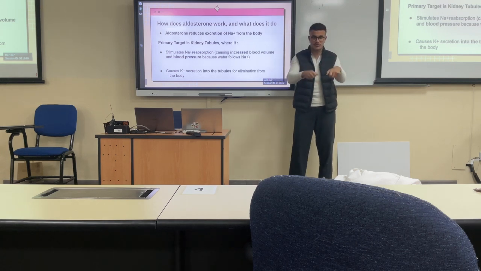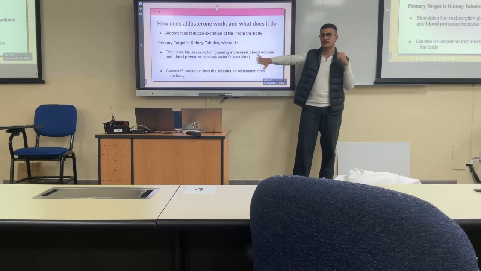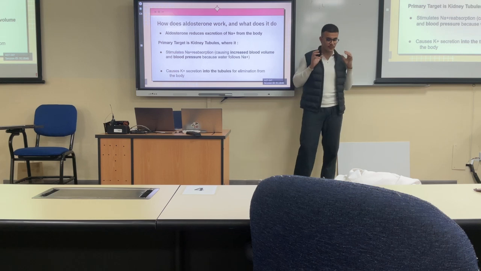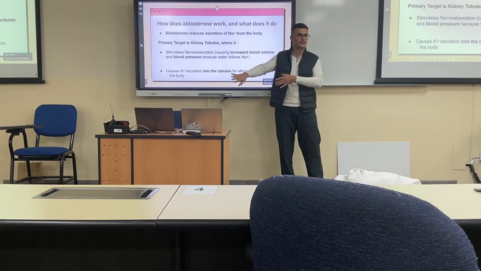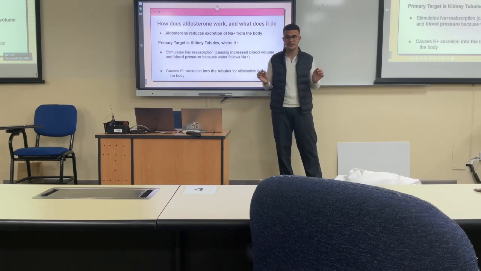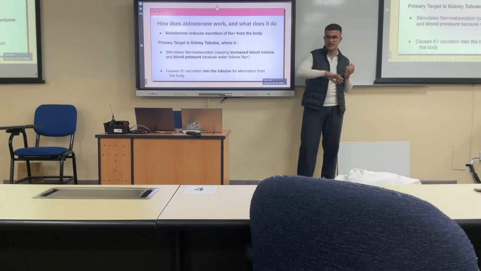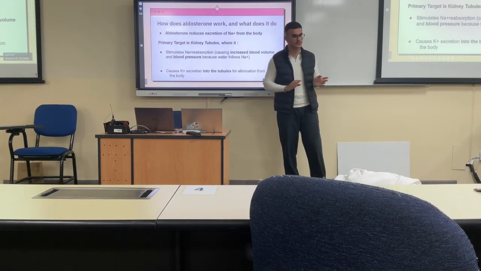So it's going to reabsorb sodium from the kidney tubules so that it's not going out of the body, because we need sodium. And it's going to excrete potassium into the kidney tubules so that it can go out of the body. Is this point clear? Yes. Aldosterone loves sodium, so it reabsorbs it, and it excretes potassium out of the body.